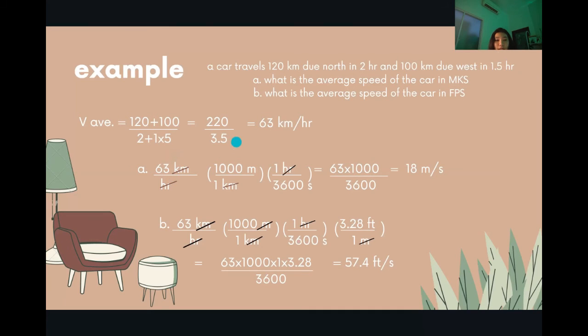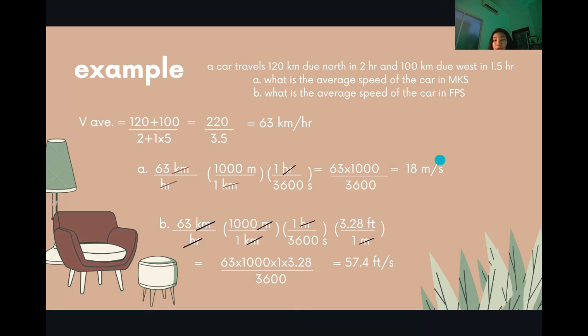Okay, so we write it as 63 kilometers over hours. Now we cancel out kilometers by dividing 1,000 meters by 1 kilometer. So we can cancel out kilometers, and now we need to cancel out the hours. So 1 hour over 3,600 seconds. Why do we use seconds, why don't we use minutes?